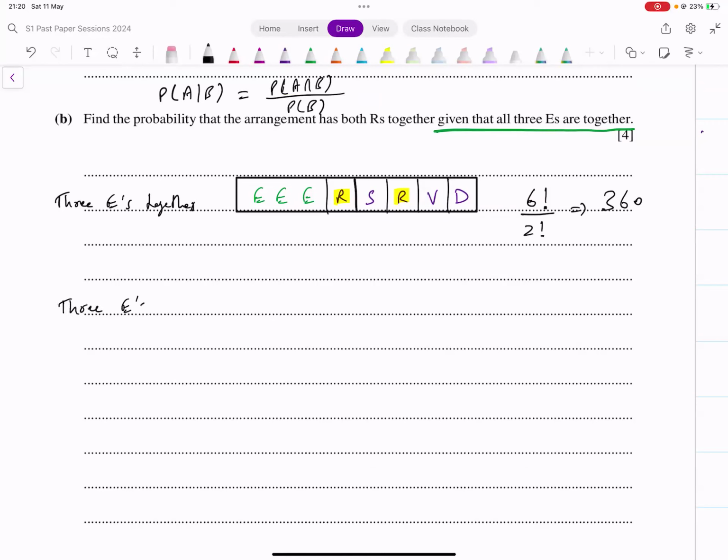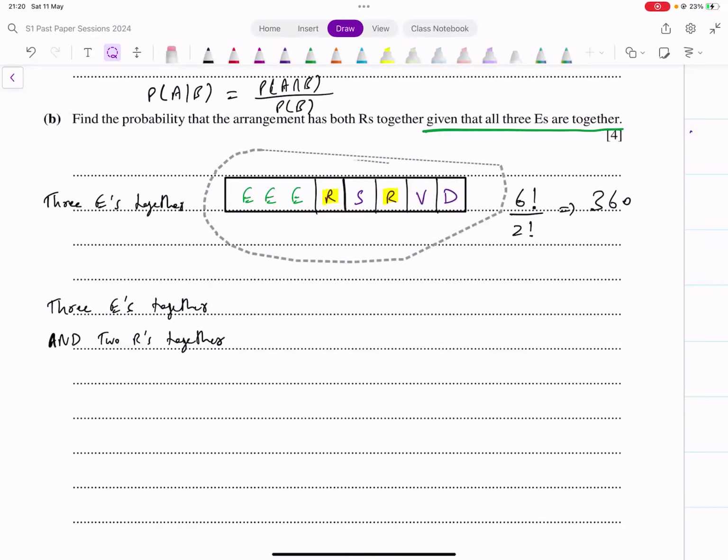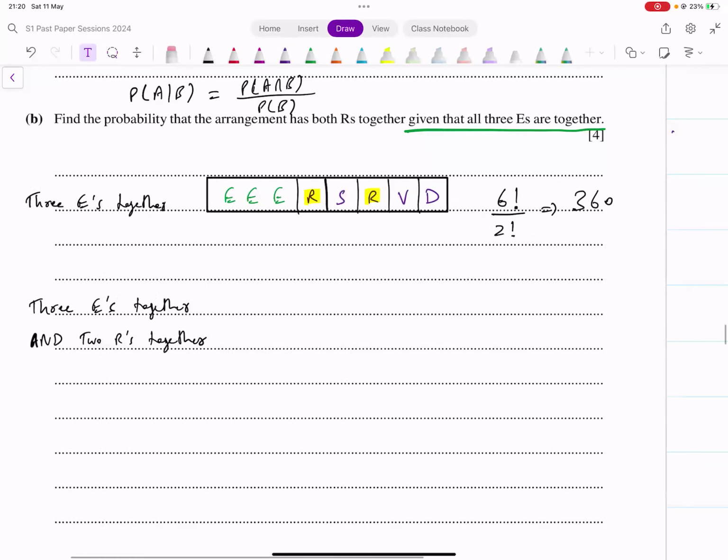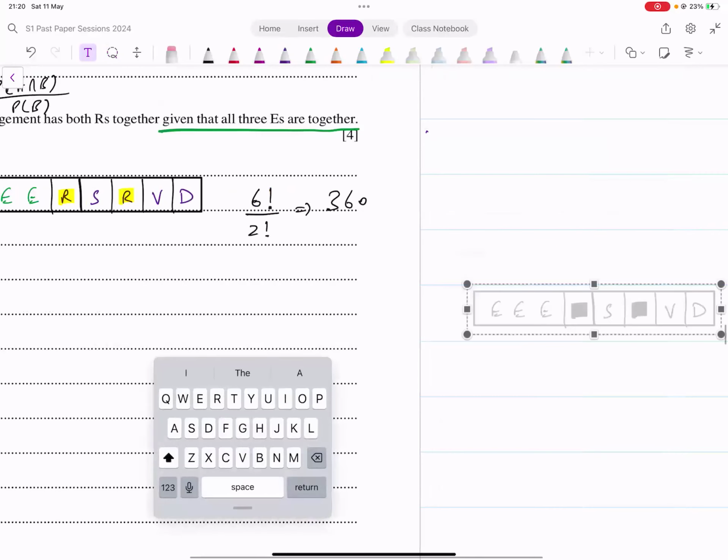3 E's together. That is still going to be the case, right? We're looking for intersection. And 2 R's together, both R's together, basically. In how many ways can we arrange this now? Again, we could consider this box representation. We had 8 boxes initially.